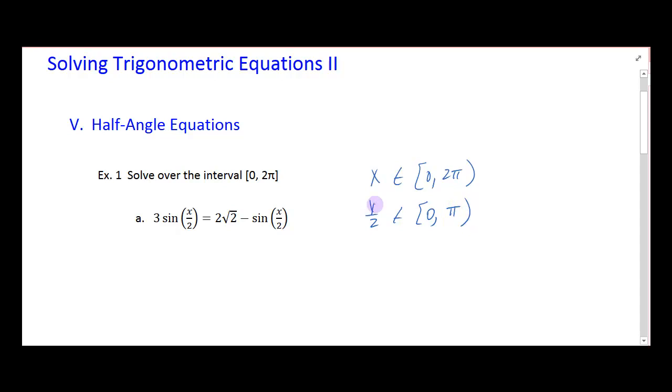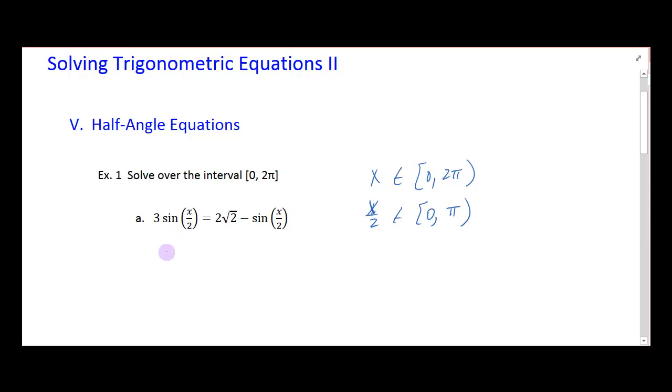Once we adjust our interval, we're going to come back over here and try to solve this equation. Just like we've done previously, I want to get all of my like terms together on the same side, so I'm going to add sine x over here to the left-hand side.